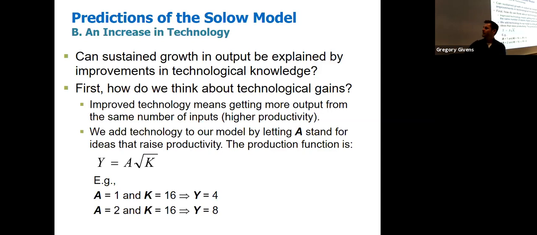Then those same 16 units of capital, where A is equal to 2, now produce 8 units of output. See how easy that is? This is how we're going to model or think about improvements in technology in the Solow Growth Model, by augmenting the production function with this little parameter A here that we can change, and it's going to shift around the production function.